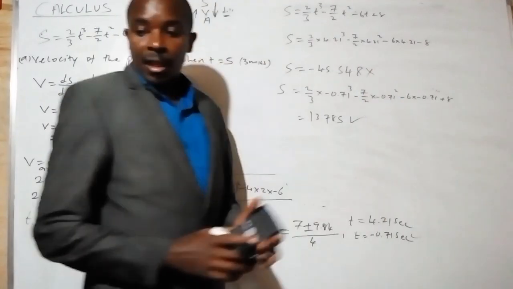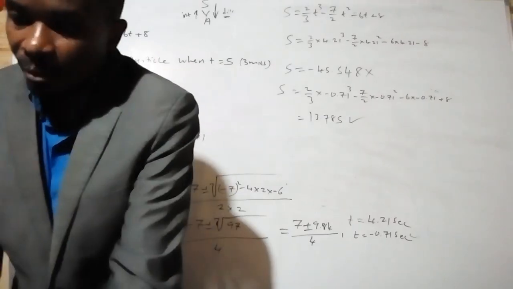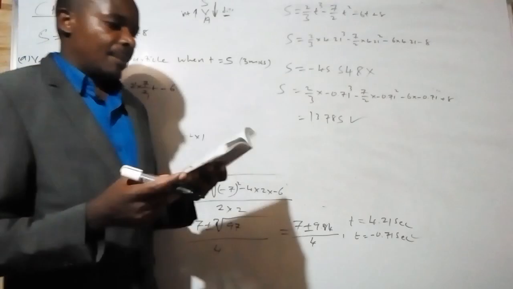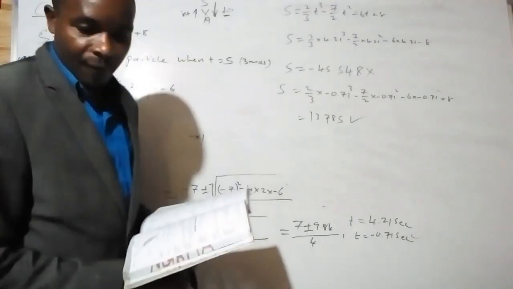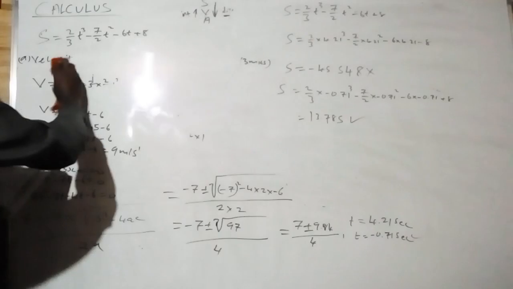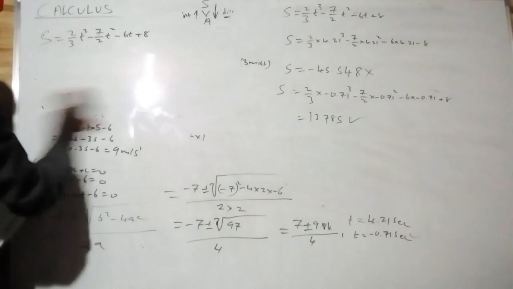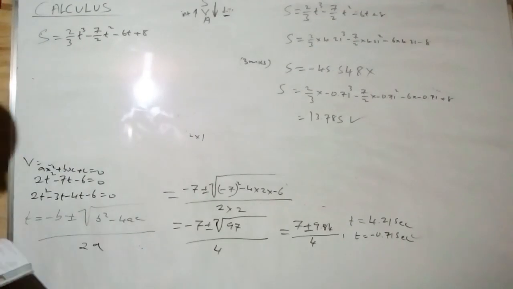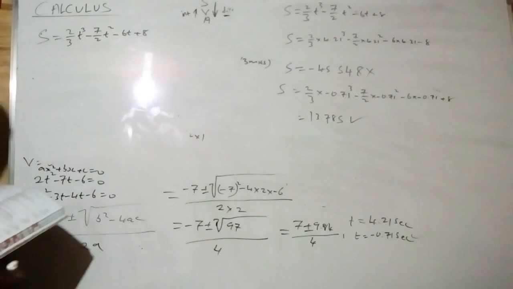And finally, the acceleration of the particle when t is equal to 4. We are going to differentiate our v equation, but we have deleted it by mistake.